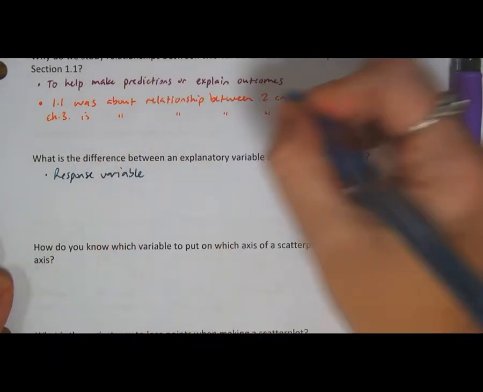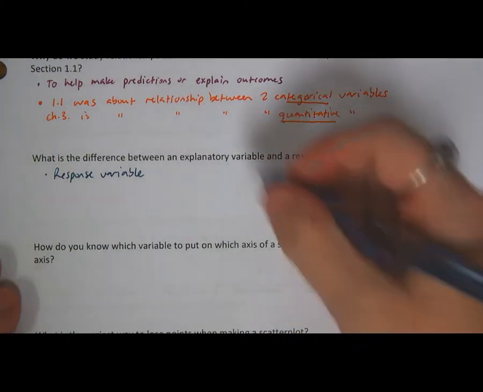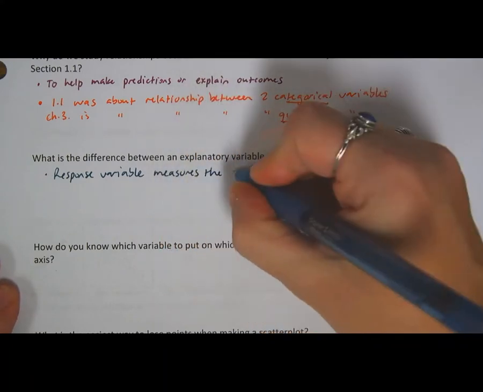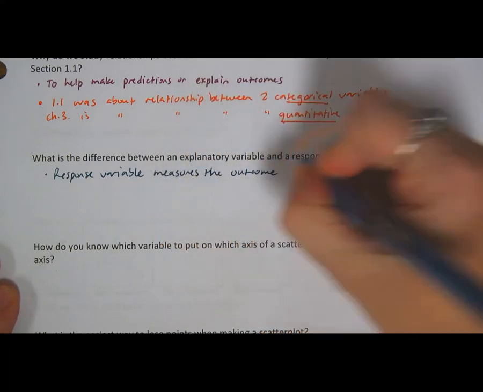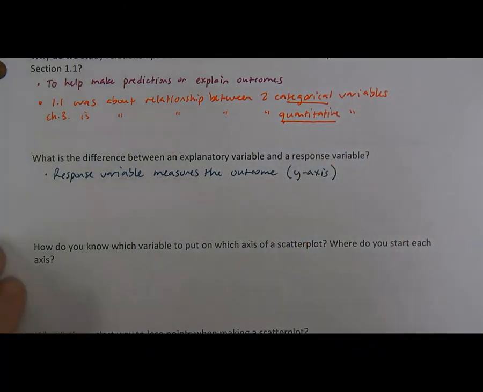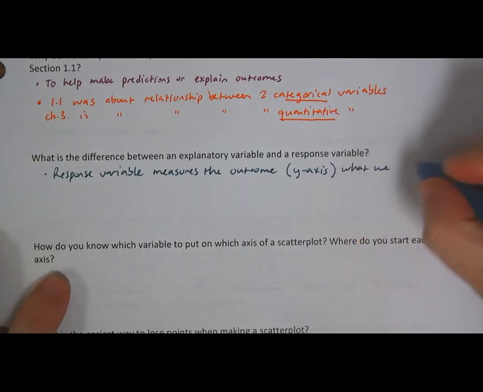It's kind of what we want to know about, what we'll make predictions about most of the time. It measures the outcome. It's going to be on the y-axis, and it's what we want to predict.